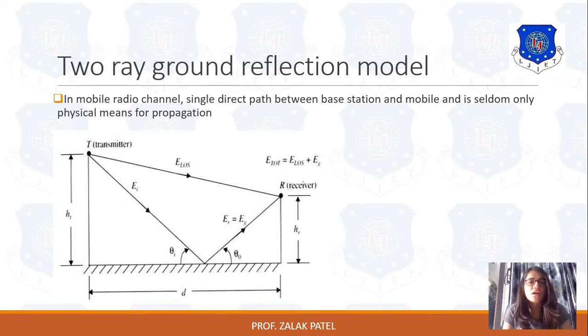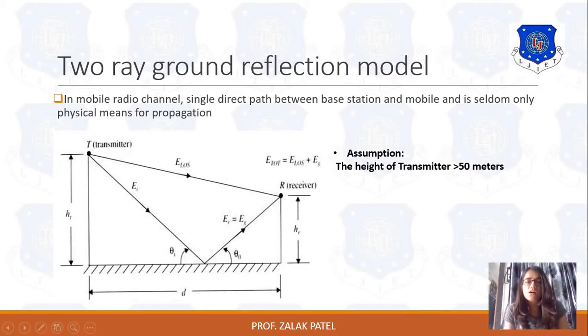In this two-ray ground reflection method, one should assume that the height of the transmitter is greater than 50 meters. Even in the figure you can see that the height of the transmitter is greater than the height of the receiver. Height of the transmitter is denoted by HT, height of the receiver by HR. Over here small d is the distance between transmitter and receiver.